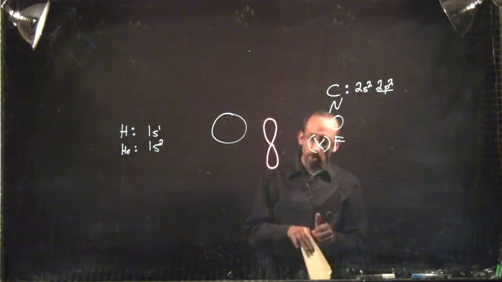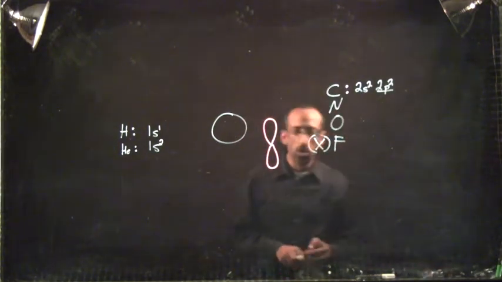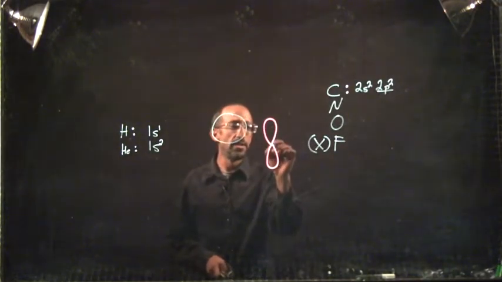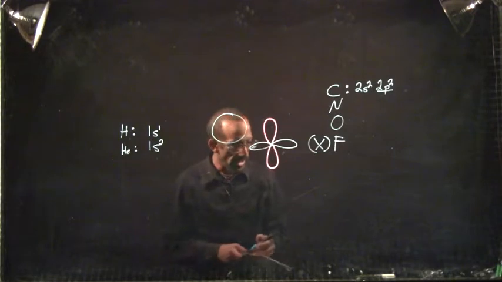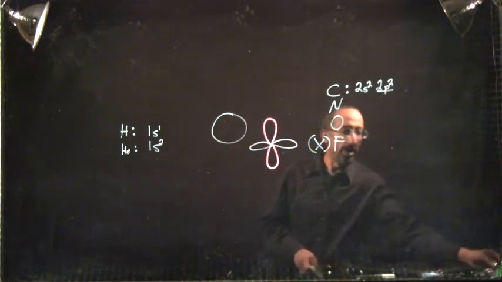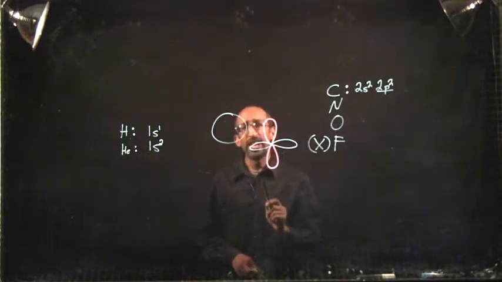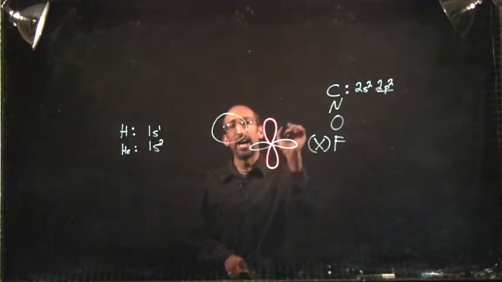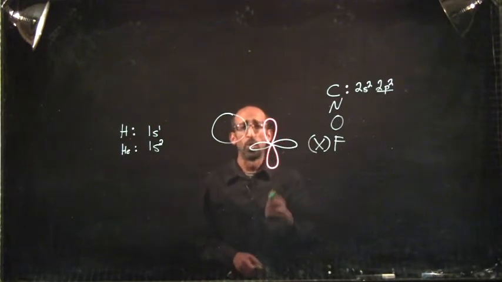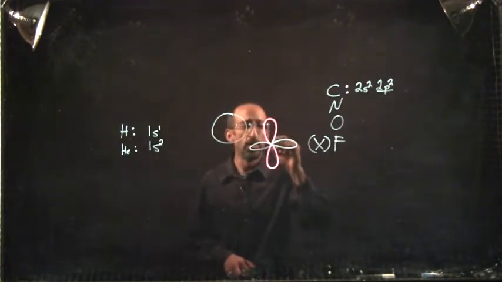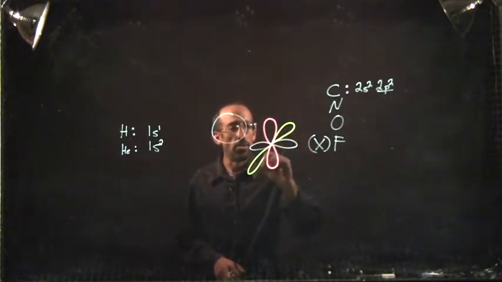We have one oriented vertically, we have one oriented horizontally, and then finally we have one oriented such that, based on how we're drawing it, one side of that orbital is sticking out of the board towards you, and one side of it is coming behind the board towards me. So here would be that third part of the p orbital, right?